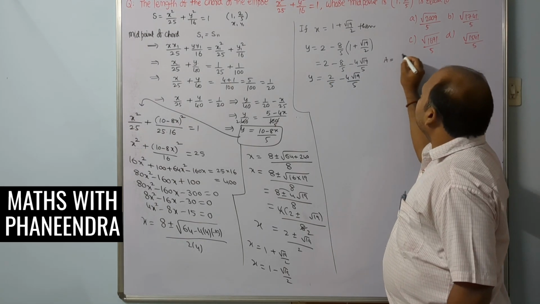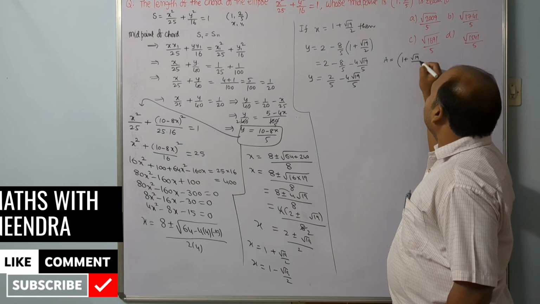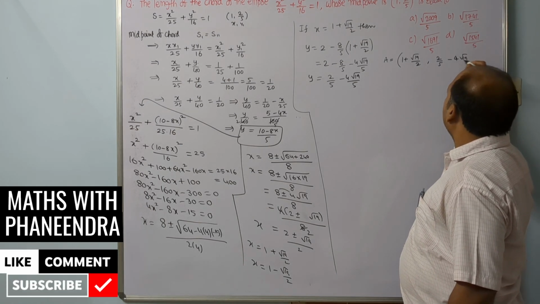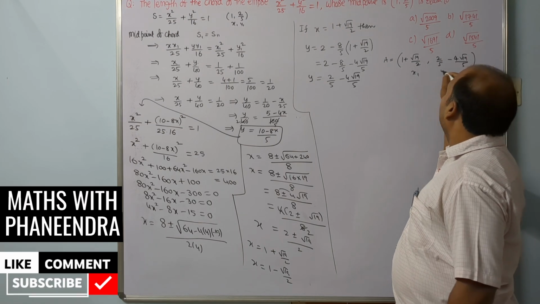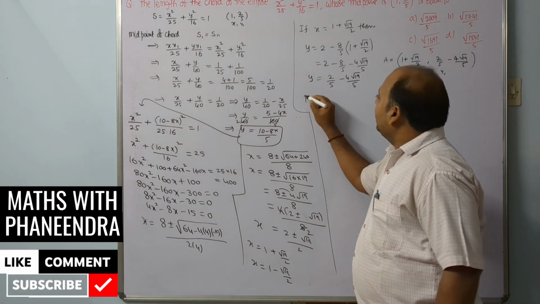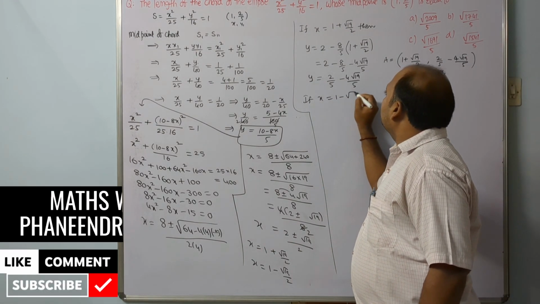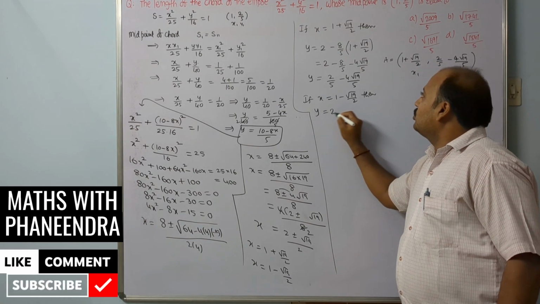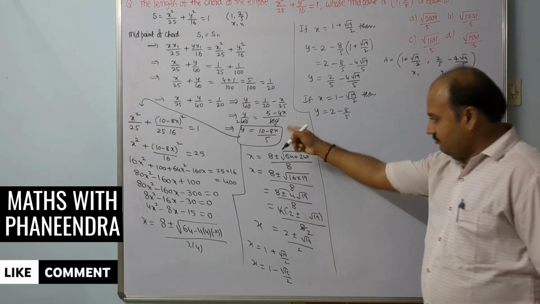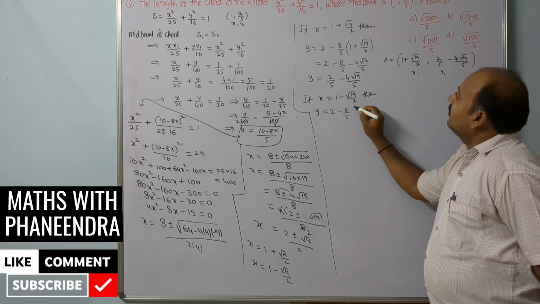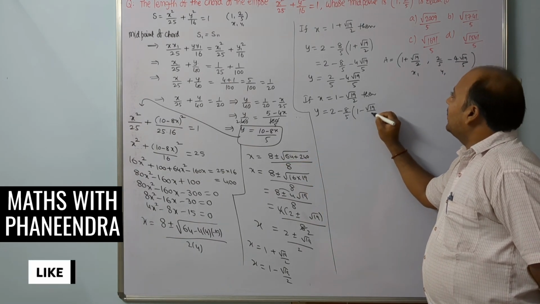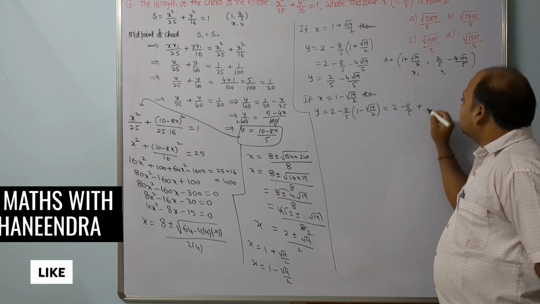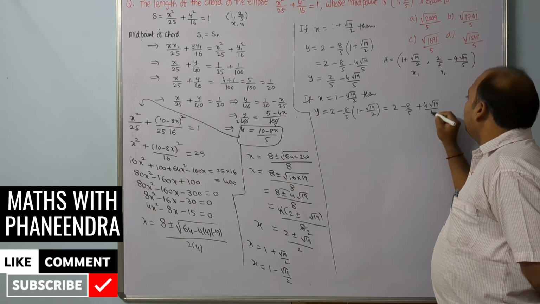Therefore, point A is (1 plus root 19 by 2, 2 by 5 minus 4 root 19 by 5), which is x1, y1. Similarly, if x = 1 minus root 19 by 2, then y = 2 minus 8 by 5 into (1 minus root 19 by 2), which is 2 minus 8 by 5 plus 4 root 19 divided by 5.